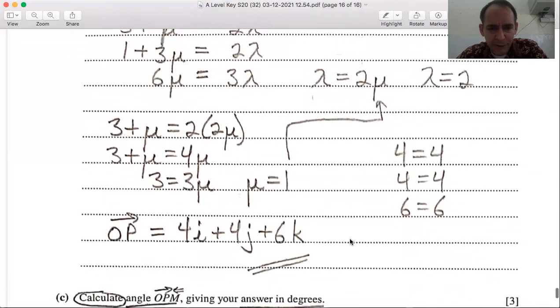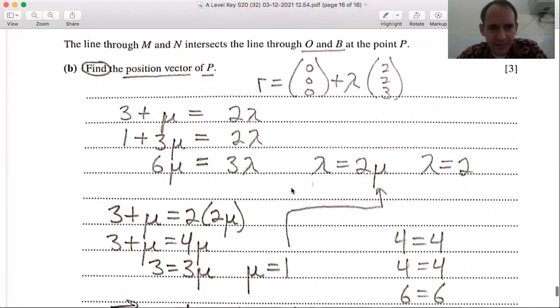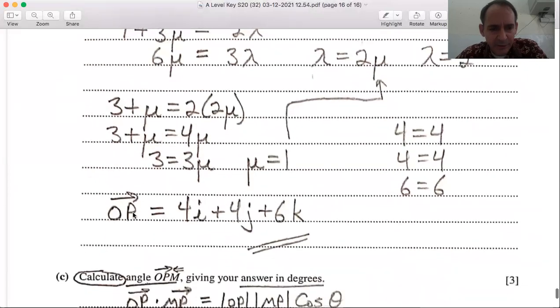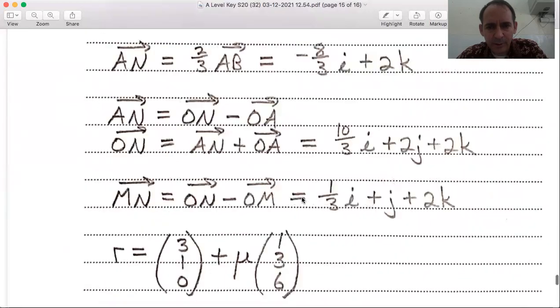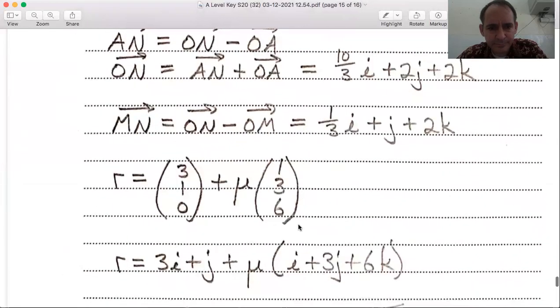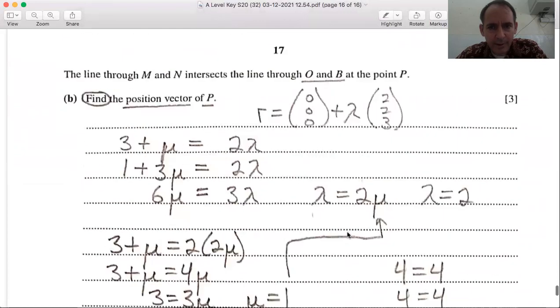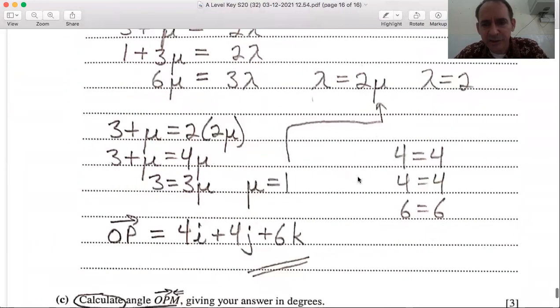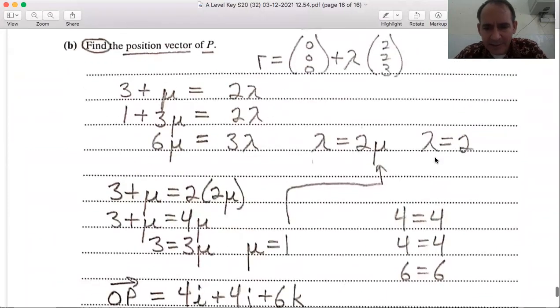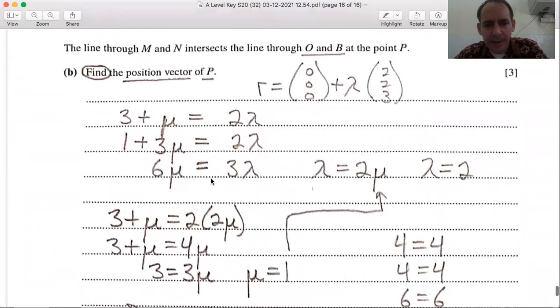It wants to find the position vector of P, so OP equals... Okay, they intersect. We just solved for the point of intersection. By solving these simultaneous equations, we got lambda and mu.